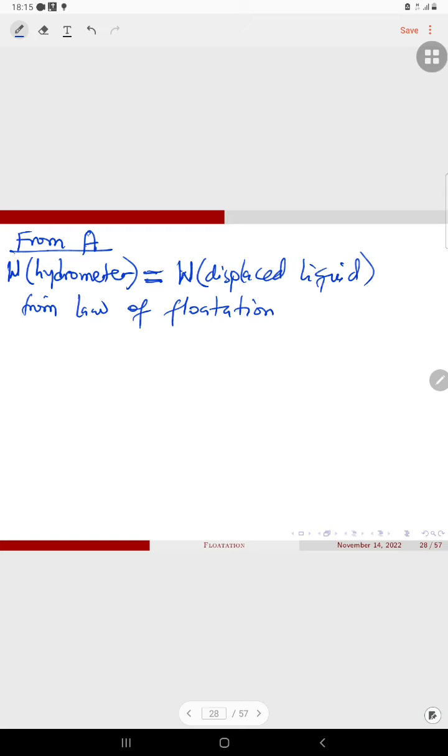So what do I do? We already know that this is the same as the upthrust. So I can say the weight of the hydrometer, if it is equal to the weight of the displaced liquid, is equal to the mass of the displaced liquid, MD, times g.